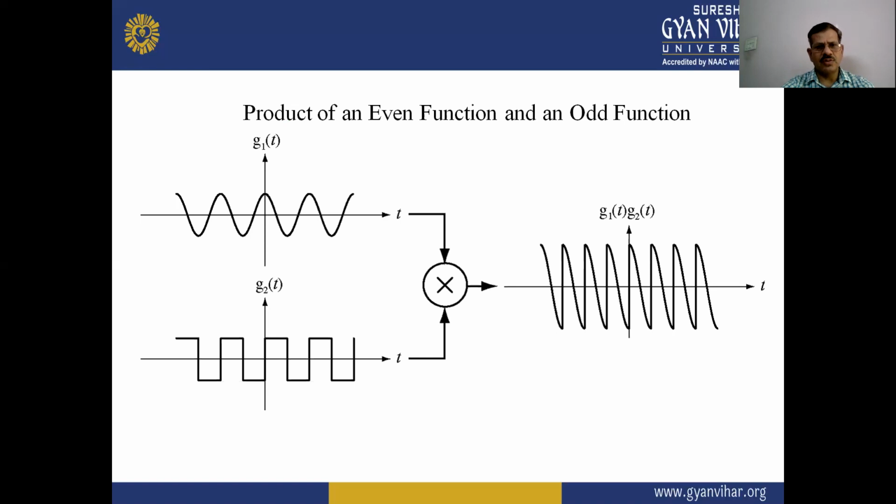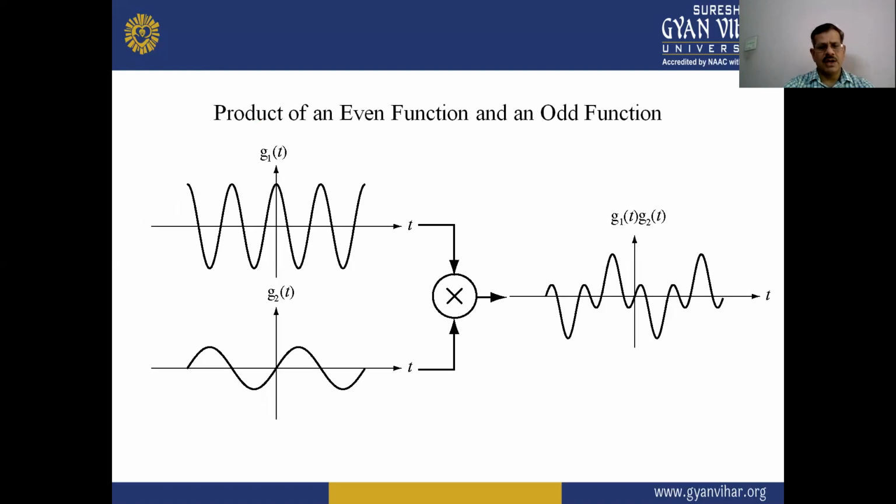So the product of these two, an even function and an odd function, will be equal to g1(t) g2(t), which is drawn in the second waveform.